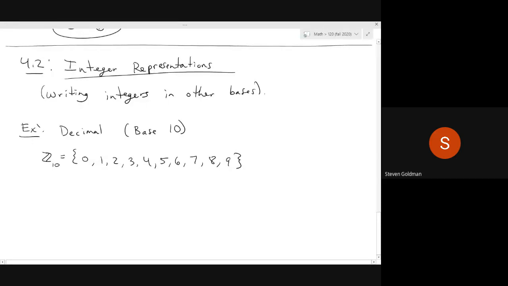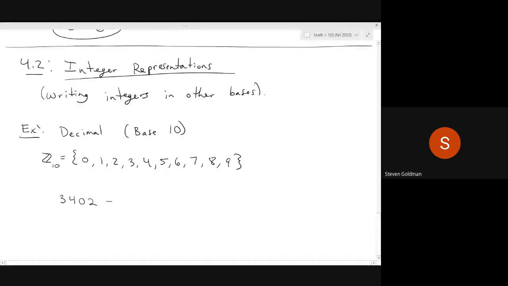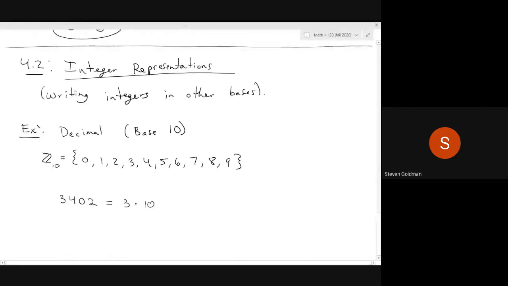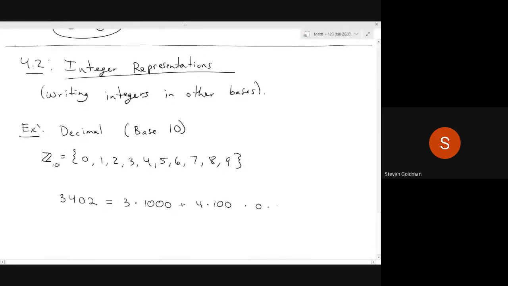So let's say I look at the number 3,402. When I write that down, what does that mean? In base 10, this means 3 times 1,000 plus 4 times 100 plus 0 times 10 plus 2 times 1.